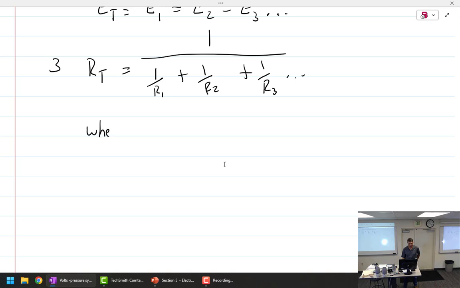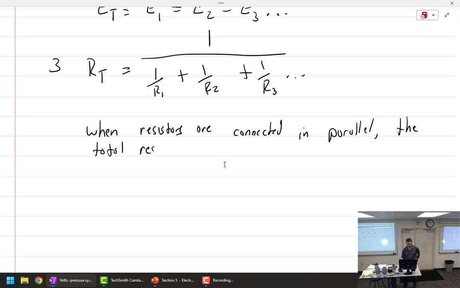So rules. When resistors are connected in parallel, the total resistance of the circuit decreases.